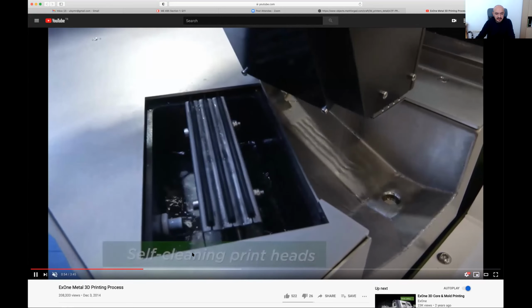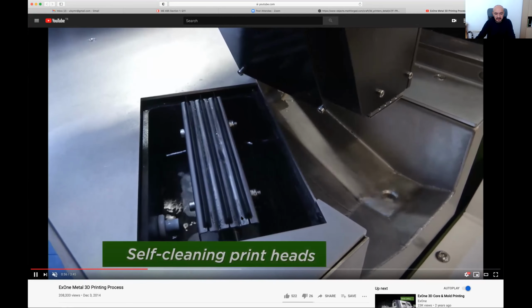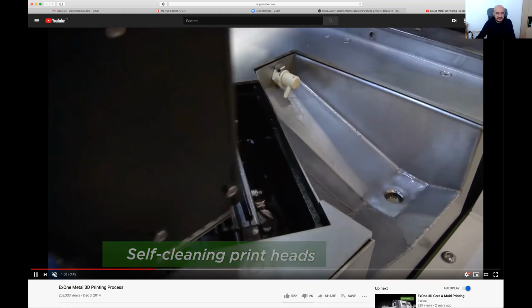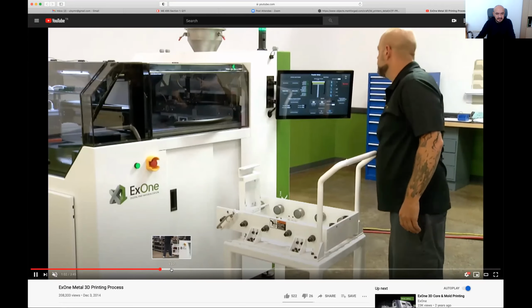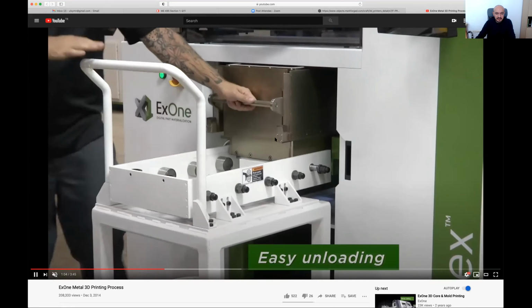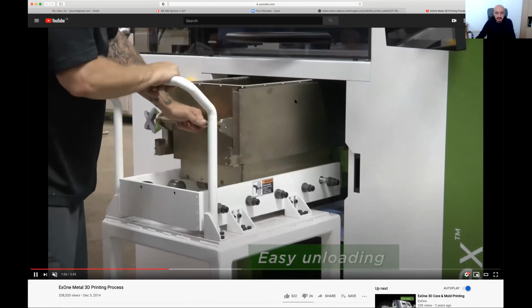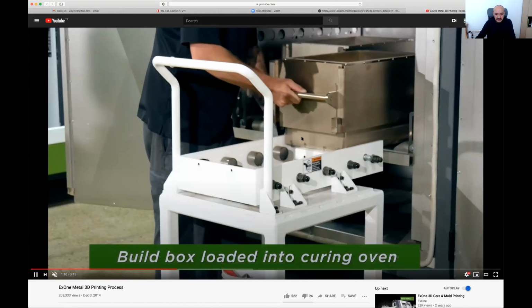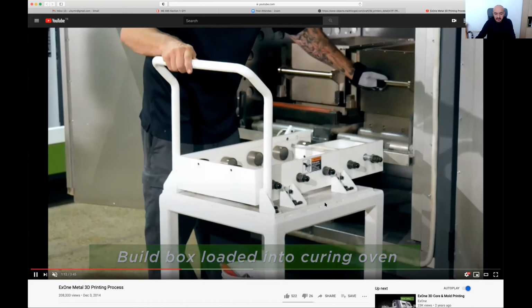Now the part is finished. They have a kind of cleaning unit for their heads. Now fabrication is over. They are removing the bed, and we'll do some extra operations. This is the sintering operation.